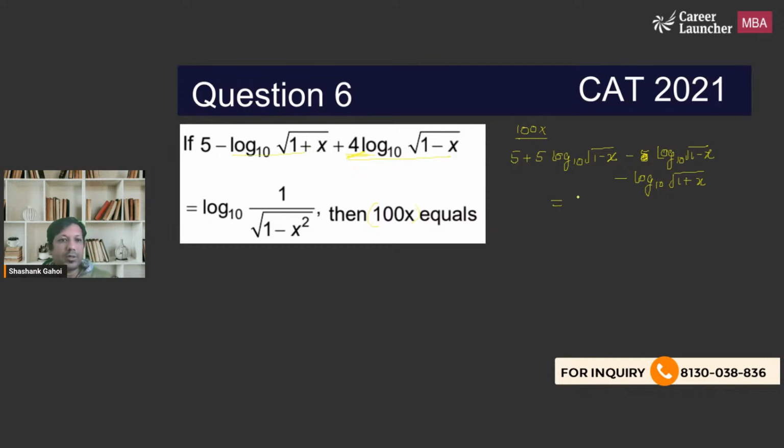that is equal to log, instead of writing it as a division, I am taking minus root of 1 upon 1 minus x square. Okay, so this is what we are getting.